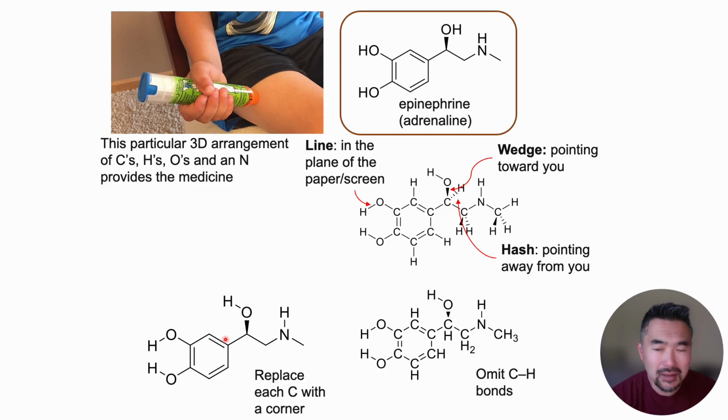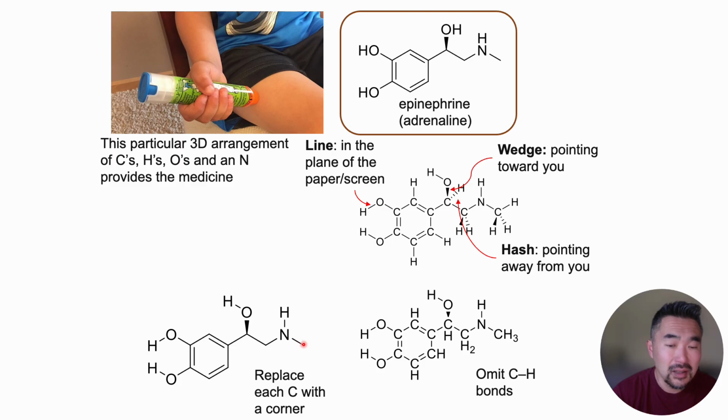This might be kind of a leap, but because organic molecules have so many carbons, it's cumbersome to draw C every time you see a carbon atom. So for that reason, we replaced each carbon atom with a corner, or another way to think about it is that the end of a line is a carbon.